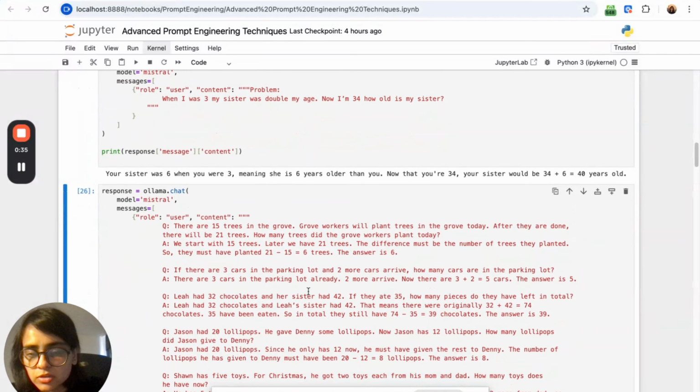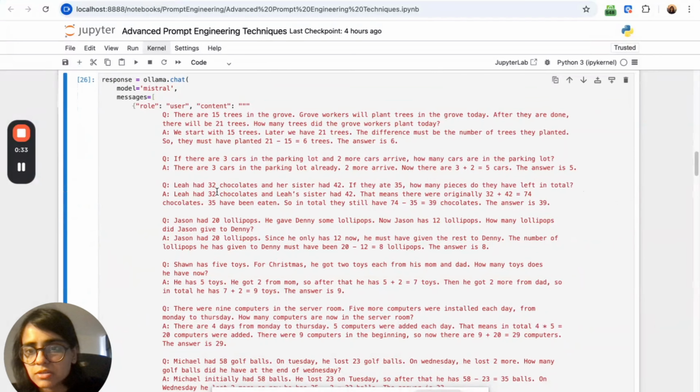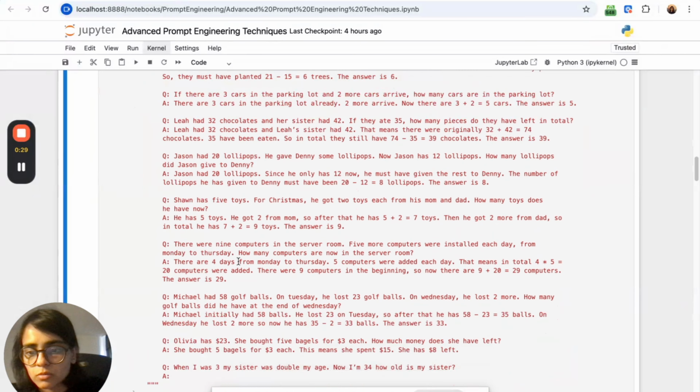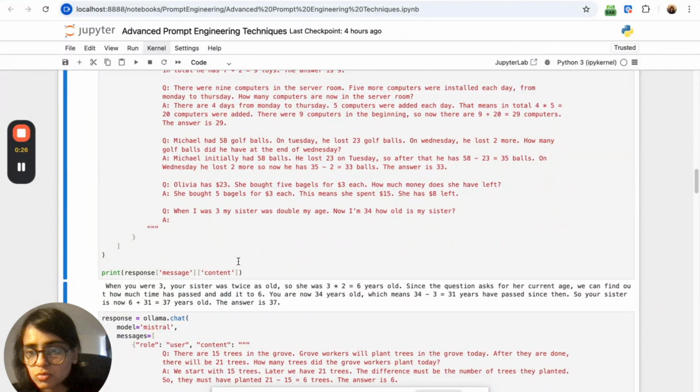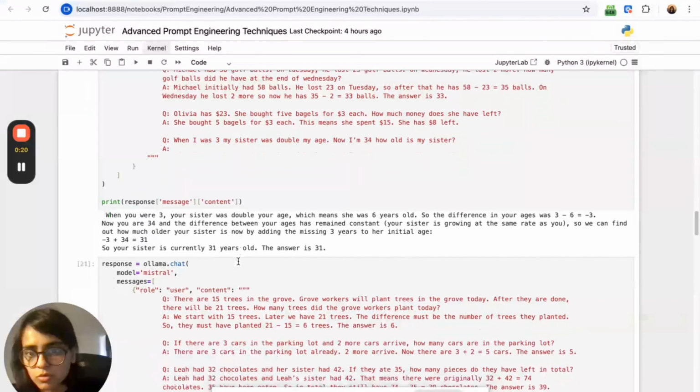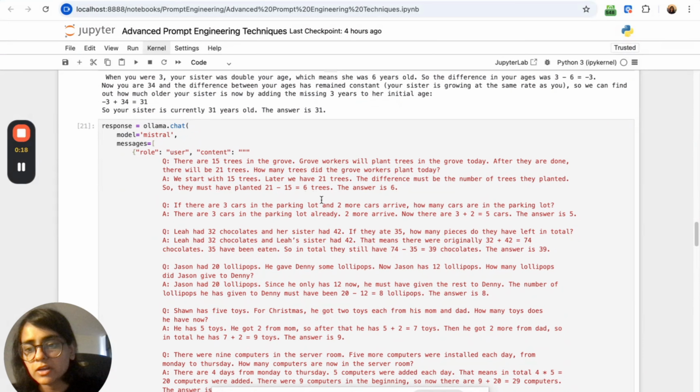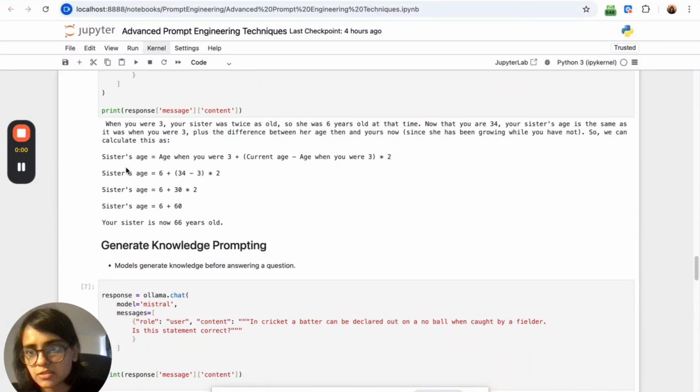How we can improve on this is by providing it with a few examples, like few shot chain of thought prompting, and it will be able to reason through different paths and come up with the answers. So I tried the same prompt a couple of times and it went through different reasoning paths. And you can craft the prompt in a way so that the LLM goes through all of these paths and chooses the answer which is best suitable. So that is self consistency.